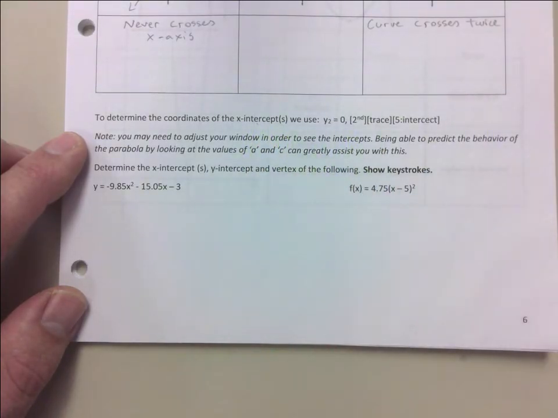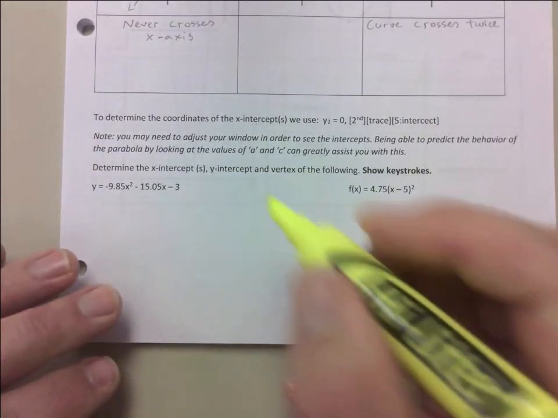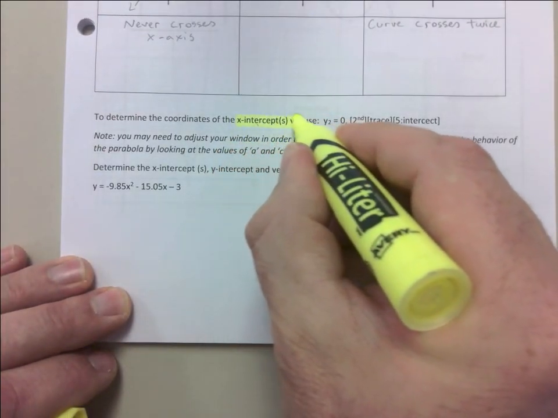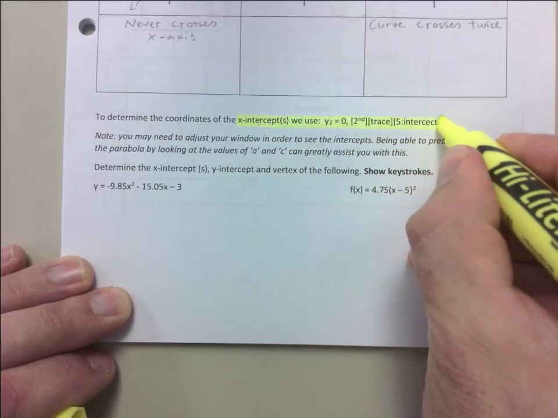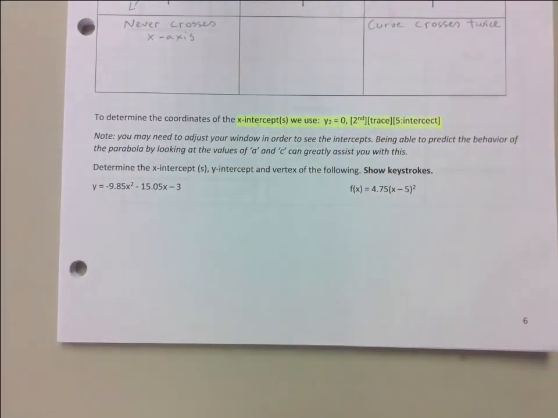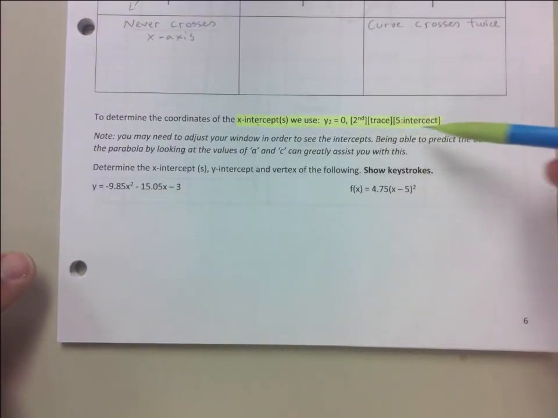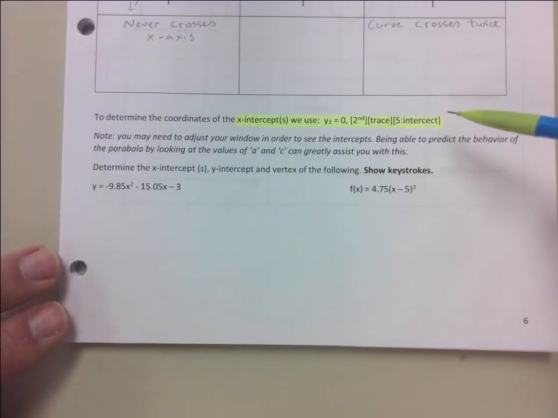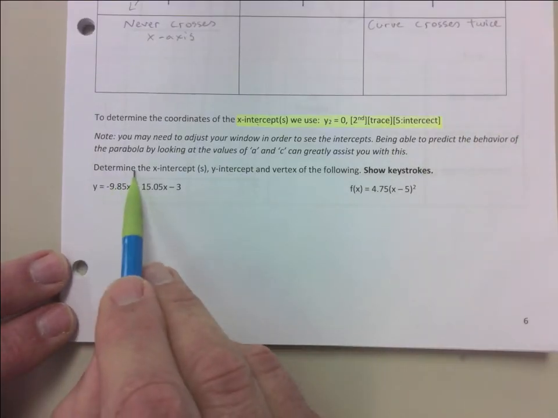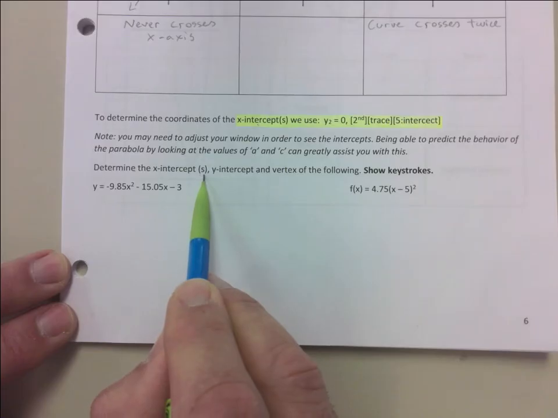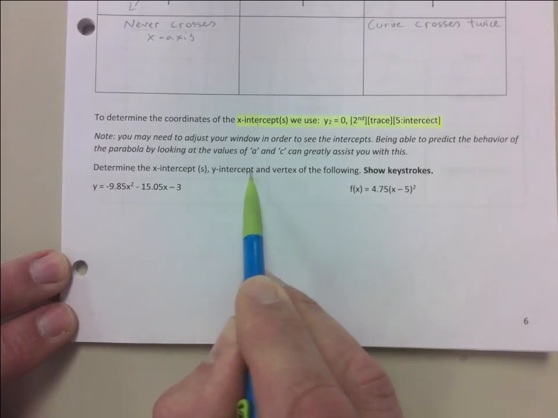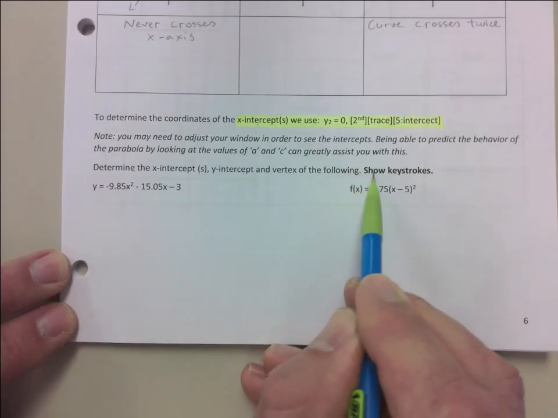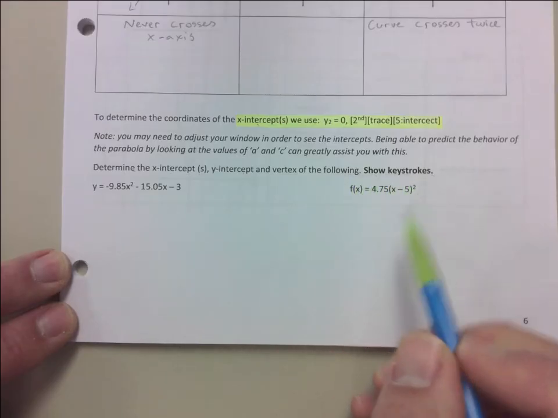And so we use, these are your keystrokes here. Highlight this. To find the x-intercept, we use this right here. I know right now it means nothing to you, but I will walk you through it. I'm asking you to determine the x-intercept or x-intercepts, the y-intercept, and the vertex of the following.